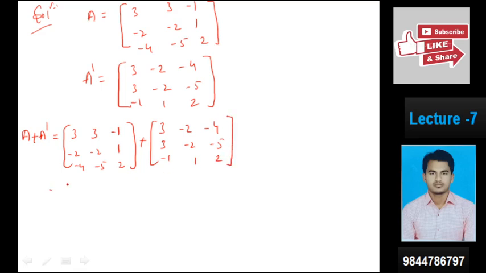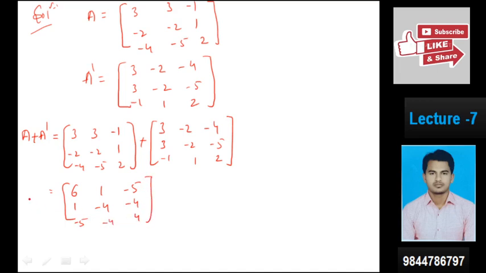Adding these two, the corresponding elements: 3 plus 3 is 6, 3 minus 2 is 1, minus 1 minus 4 is minus 5, minus 2 plus 3 is 1, minus 2 minus 2 is minus 4, 1 minus 5 is minus 4, minus 4 minus 1 is minus 5, minus 5 plus 1 is minus 4, 2 plus 2 is 4.